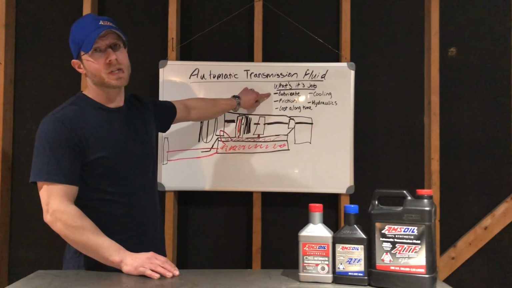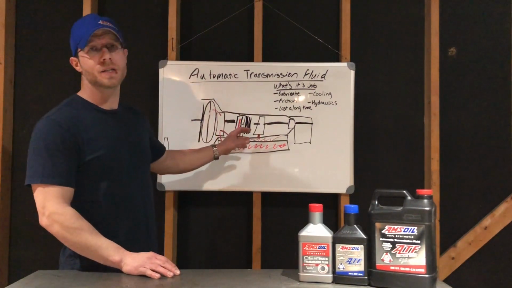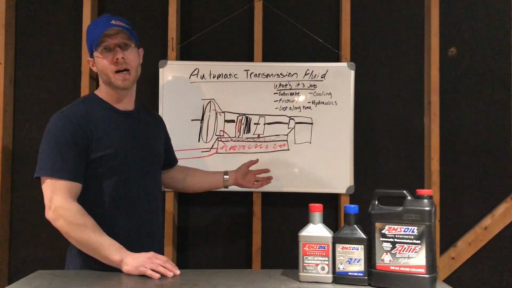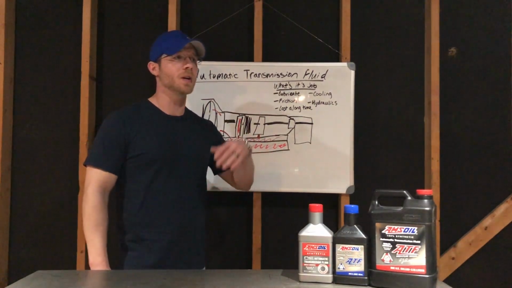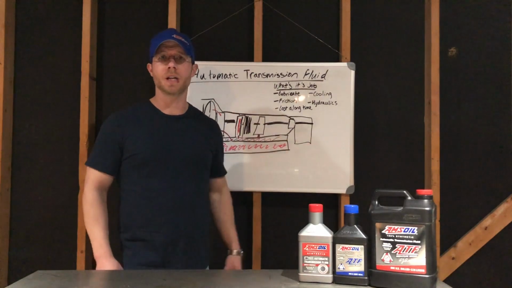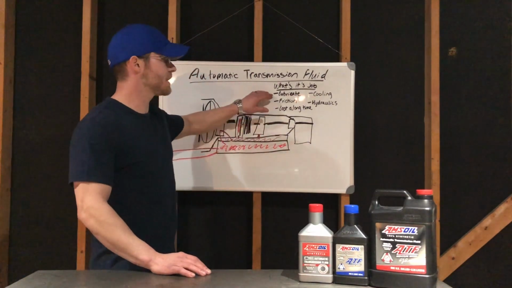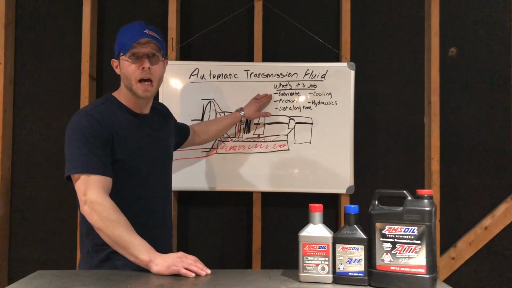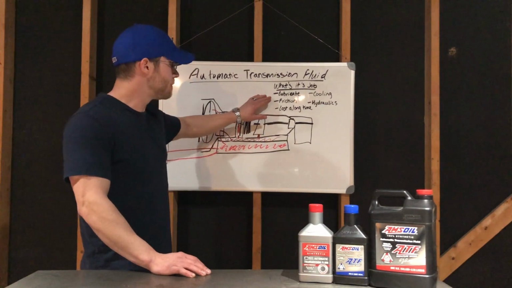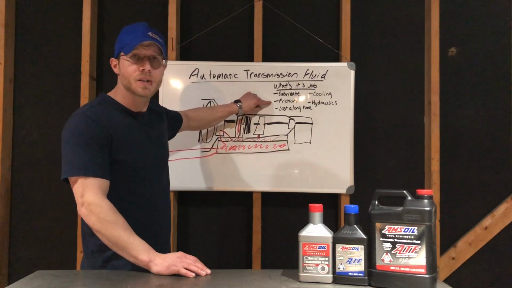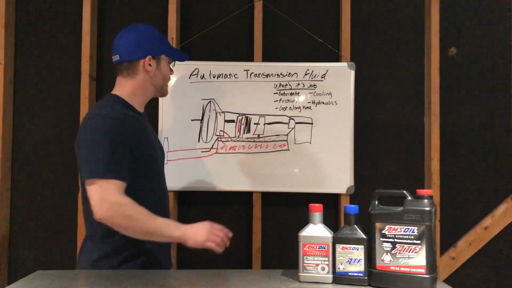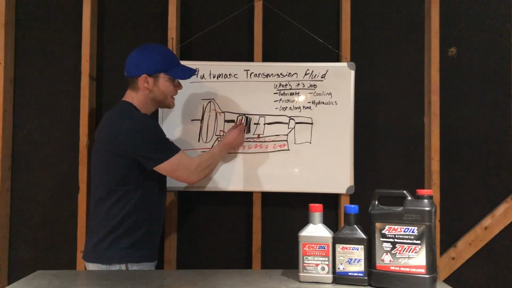One of the jobs is to lubricate. It's got to lubricate all these moving parts, or else they're going to wear out, just like engine oil does, or gear oil does for your differential. It's got to keep those parts from tearing each other up. But it also has to provide friction for these clutch plates.